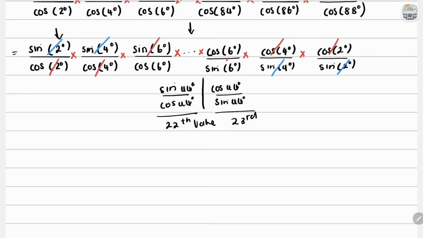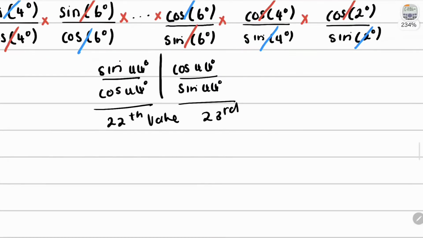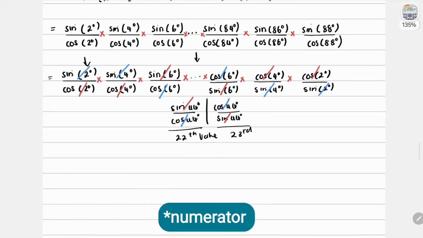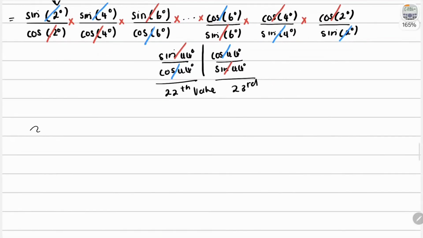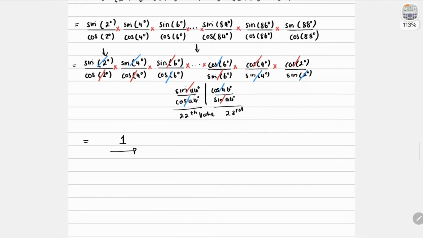Numerator here cancels with the denominator. Denominator cancels with numerator, until you get to the middle. And then in the middle, you can see what's going on as well. Same thing. Numerator cancels the denominator and denominator. So it cancels all through, meaning the final answer is 1. And that's the value of that.